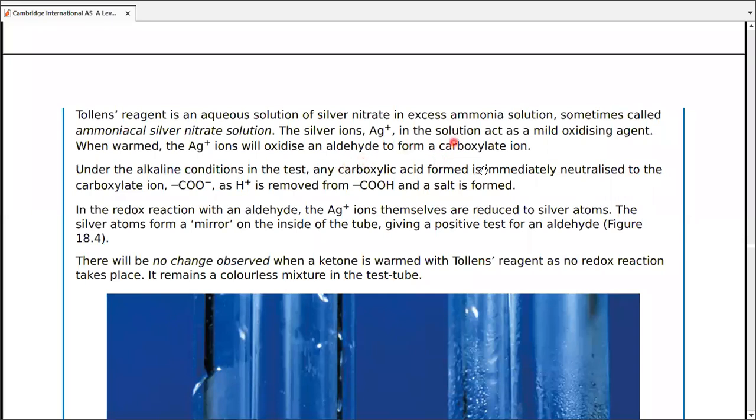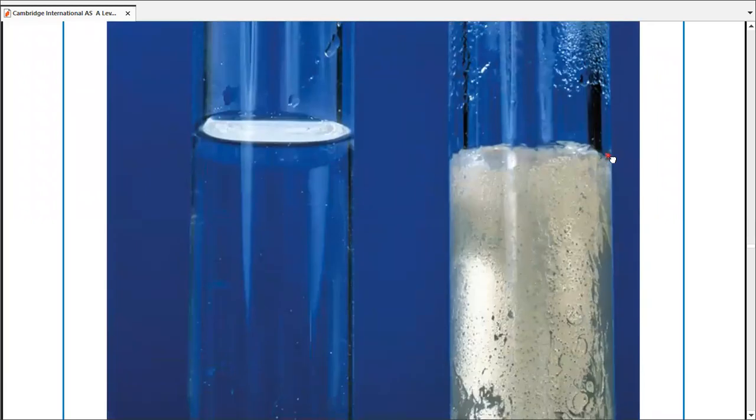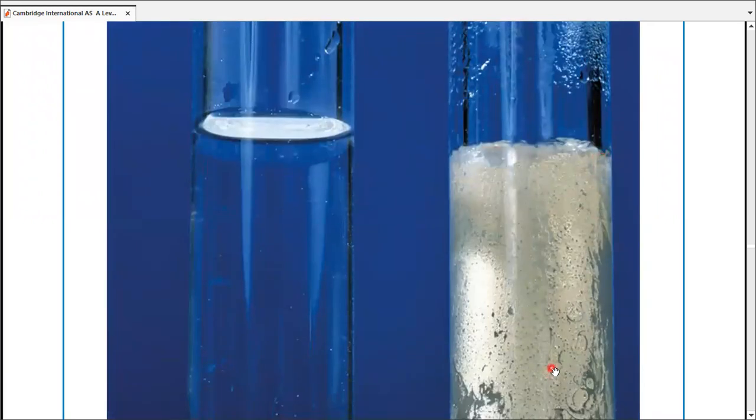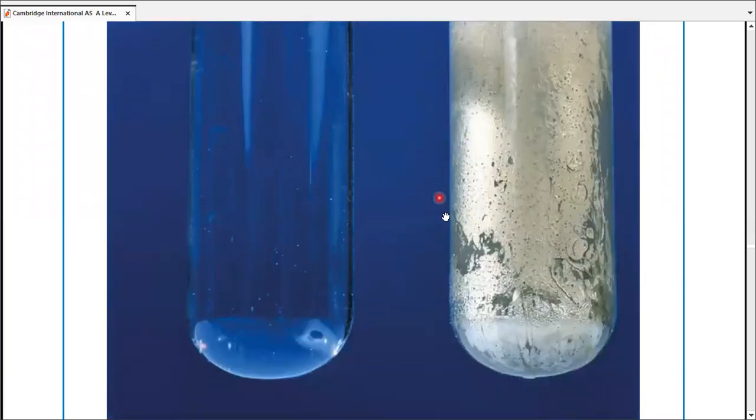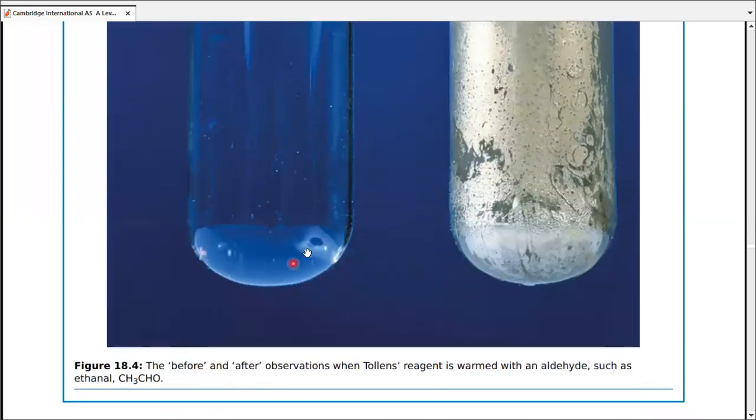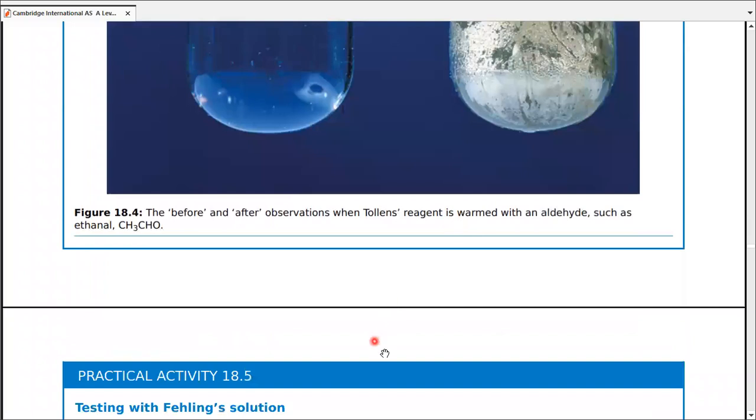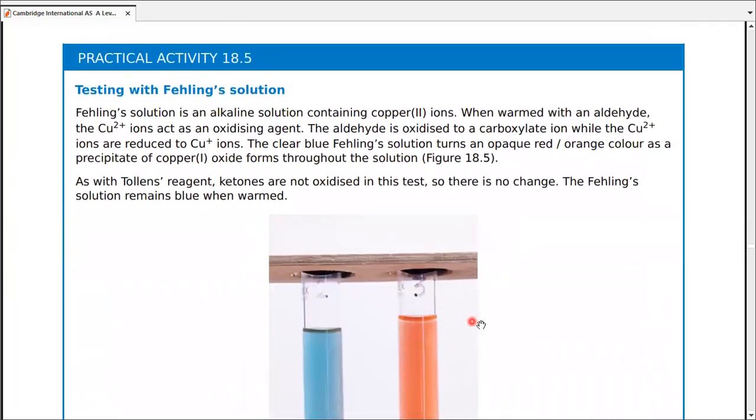The Ag+ ions themselves reduce into Ag atoms, which form a silver mirror. There are even questions in the MCQ portion about this test being a redox reaction. So yeah, that would act as a redox reaction.